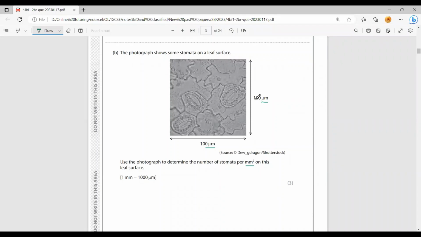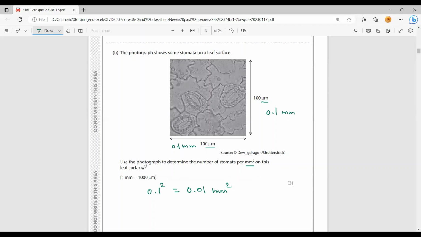So 100 micrometers will make how many millimeters? It will make 0.1. Bravo, so 0.1 millimeter and here 0.1 millimeter. Then he wants millimeter squared, so what should you do? Squared. Yes, squared. This gives me how much, Hassan? 0.01, right? 0.01 millimeter squared. So we have started by formatting the question and the numbers that are given.